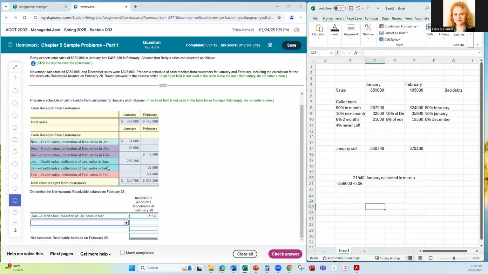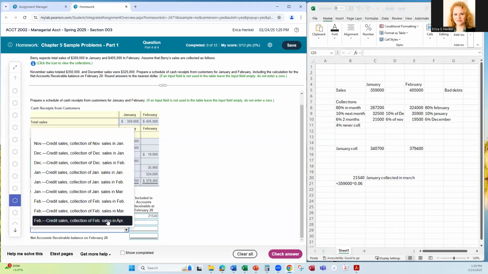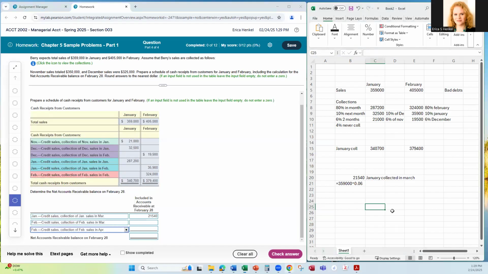Okay, so then in February, we've also got 2 months worth of additional collections. We have February that will be collected in March and February sales that will be collected in April that are left. Okay, so that's going to be percent of February that's going to get collected in March.